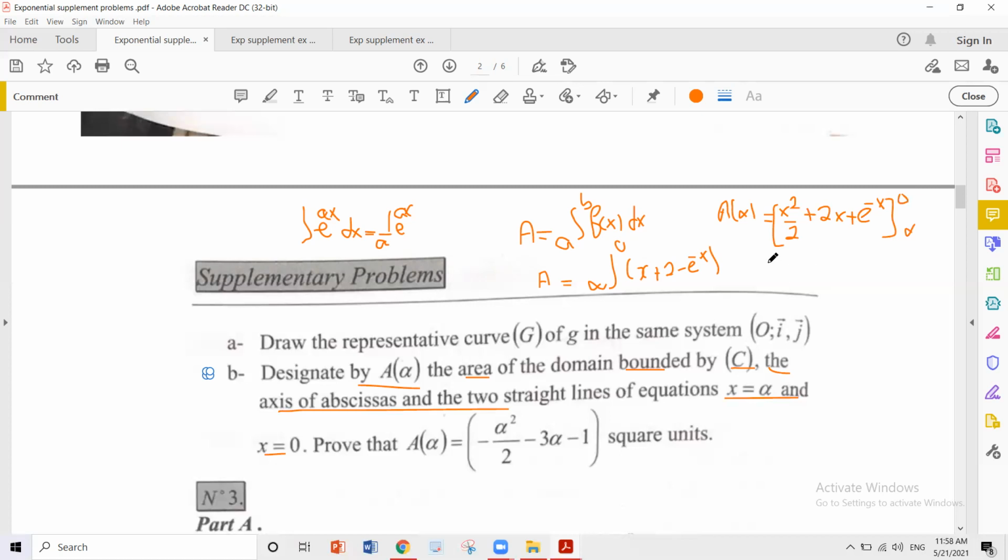If we replace x by 0 first, we get 0 plus 0 plus e to the 0, minus alpha squared over 2 plus 2 alpha plus e to the power minus alpha.